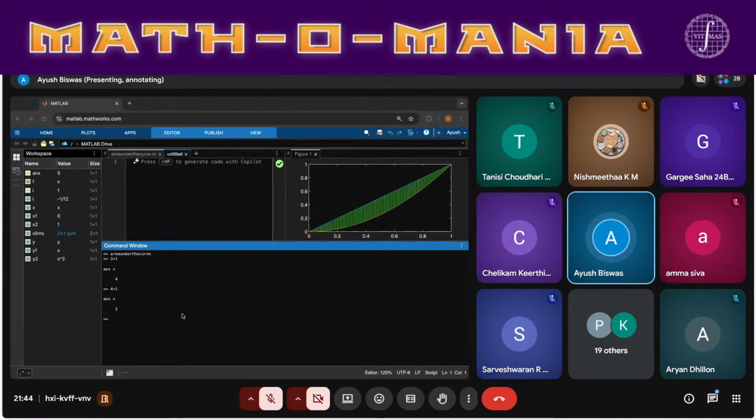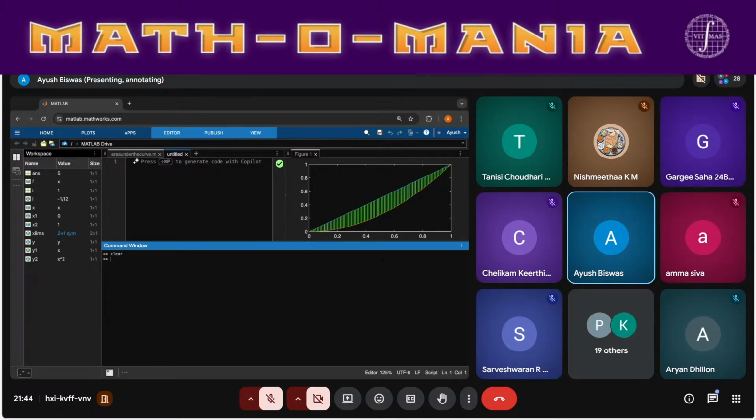As you can see, this is my MATLAB window, and I already have a few calculations done in the command window. When I am starting a new project, I would like a clean slate, so you can just type clc and that clears the command window. I also have a few variables listed here from my previous calculations.